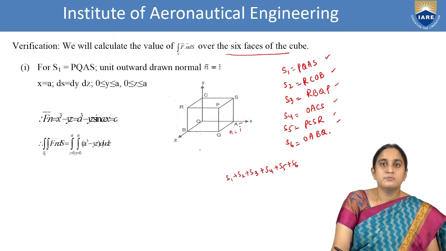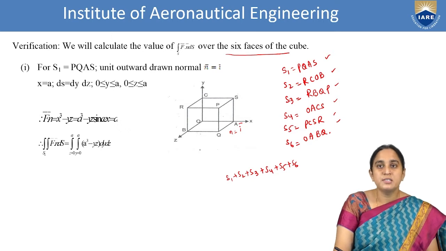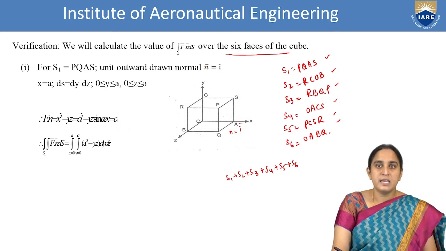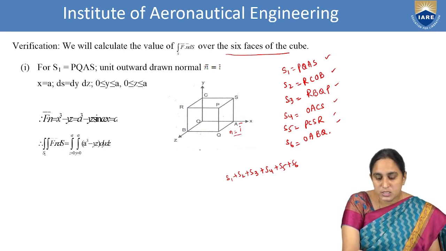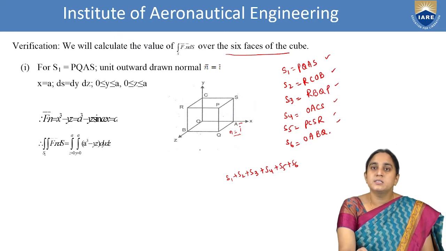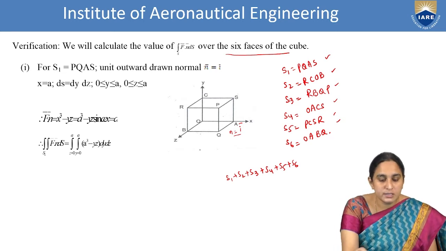Now I'll start with the first face. From the diagram, the first face is S1 is equal to PQAS. From that, what is the unit outward normal vector? That is on the positive side, that is n bar is equal to i bar. And what about the coordinate points?